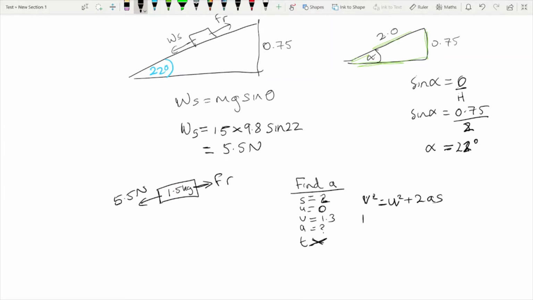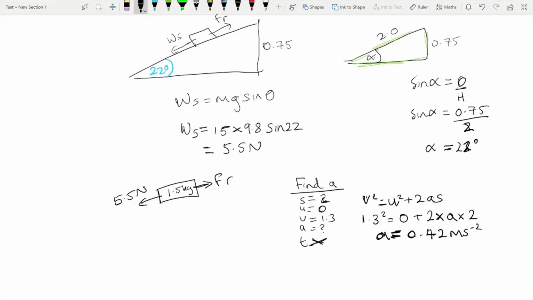So 1.3 squared equals 0 plus 2 times the acceleration, which is what we want to find, times 2. The acceleration comes to 0.42 meters per second squared.